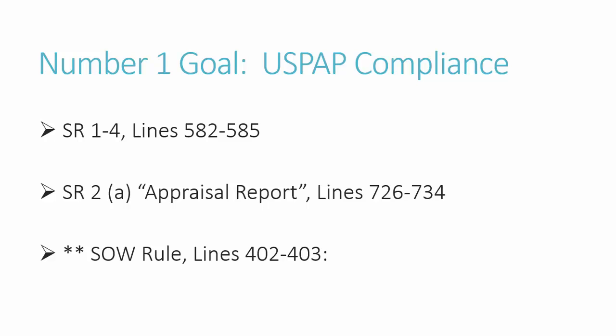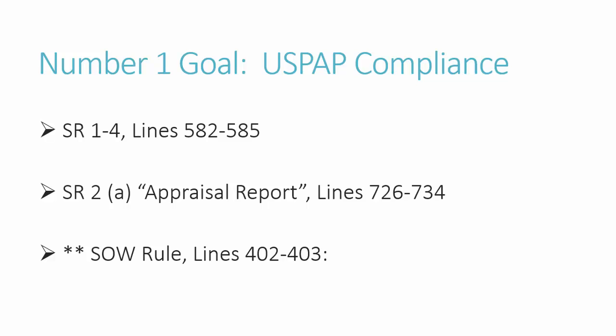Standard Rule 2 has to do with reporting. Standard Rule 2-A is the appraisal report as opposed to a restricted report. Secondary market work is, of course, an appraisal report.